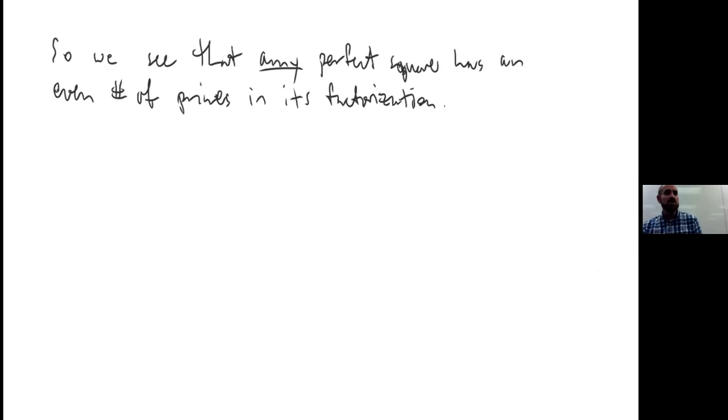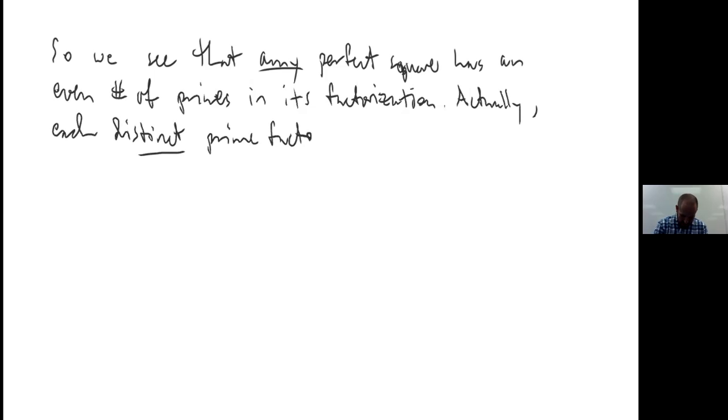Of course, some of those primes are repeated, but actually, let me say even more than that: each distinct prime factor occurs an even number of times. That's what we actually saw, right? So for instance, the number of 2s was even, the number of 5s was even, the number of 3s was even, and therefore, when I added those together, I get an even number of prime factors. Each distinct prime factor occurs an even number of times.